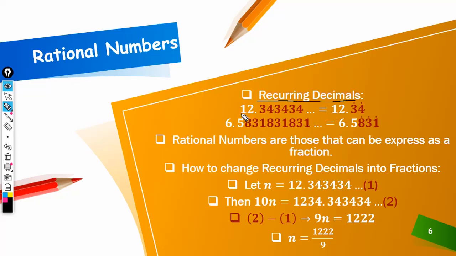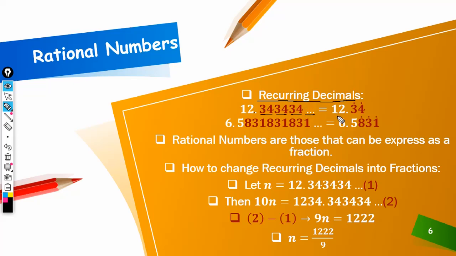When you have a decimal number which is repeated infinitely or continuously, it's called a recurring decimal. So let's say, for example, 12.343434, etcetera, and so on, continuously. This is repeated continuously.